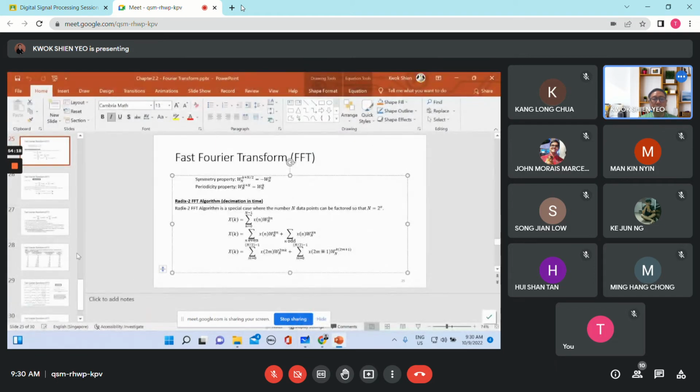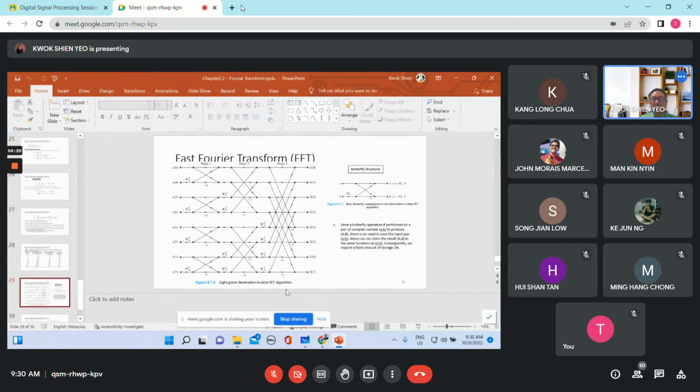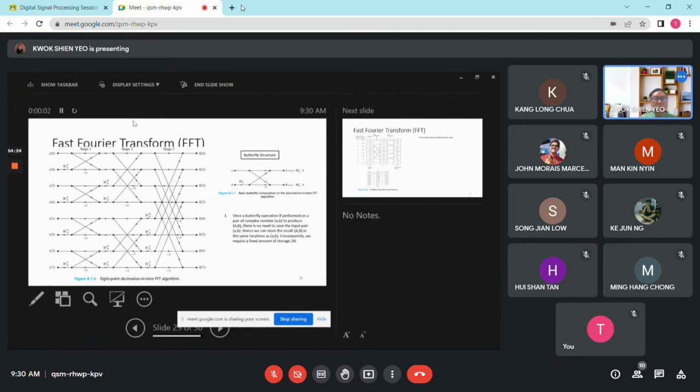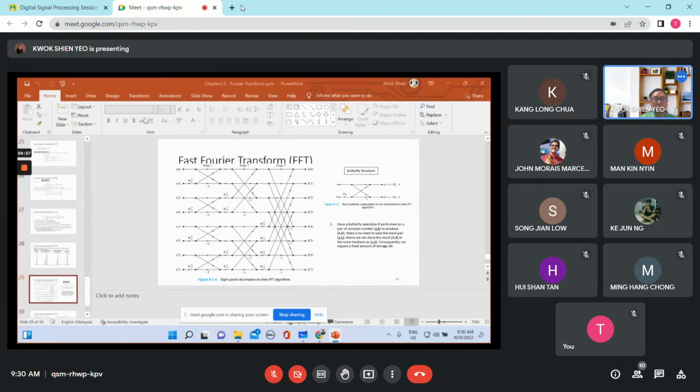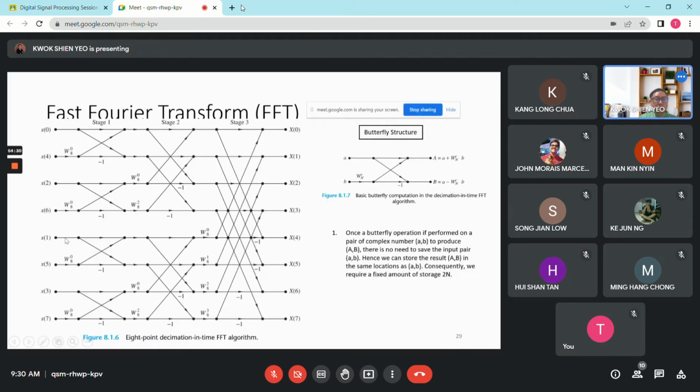Are we close to that already? If you look at here, 0 4 2 6 1 5 3 7, we are almost there, and we have done the stage 3 and stage 2 connection.